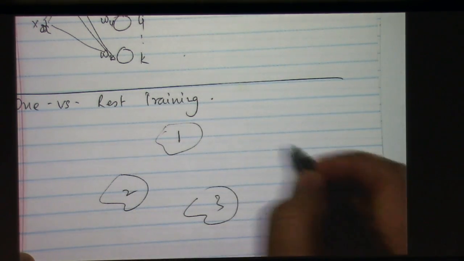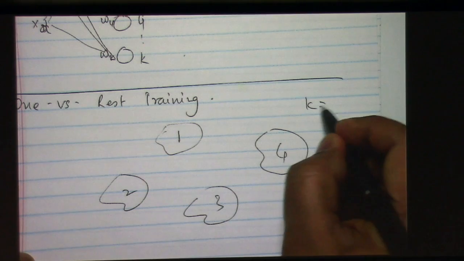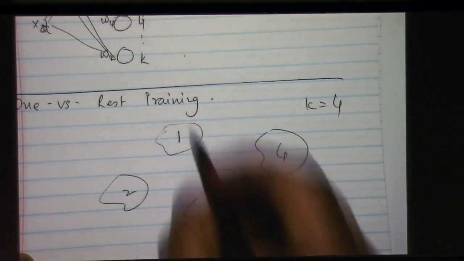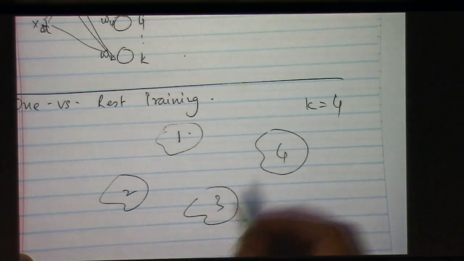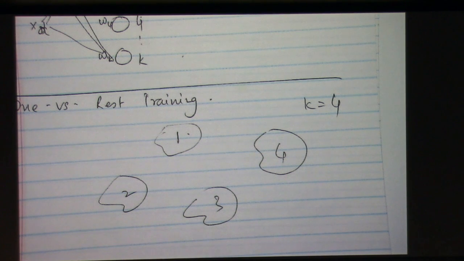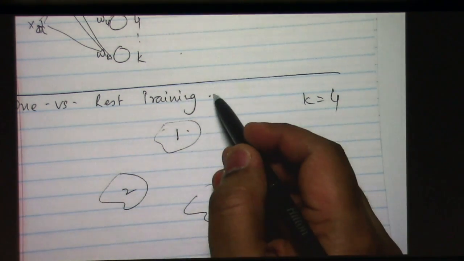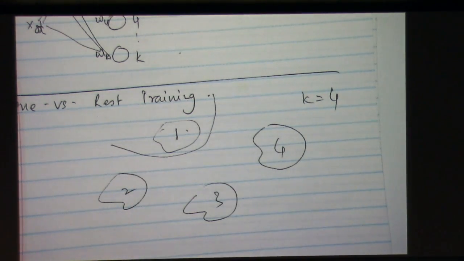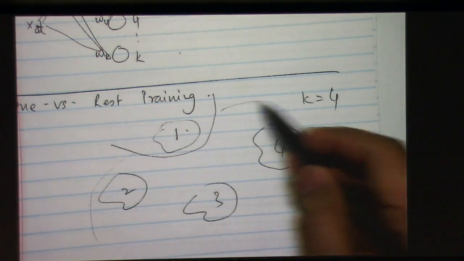So let's say you have K classes. I'm just going to denote them by these bags. So this is data for class 1, data for class 2, data for class 3, let's say 4. So K equal to 4 here. So this contains training data for class 1, 2, 3, 4. One way to train this classifier would be to create one problem in which you call this your one class and the rest of it another class.